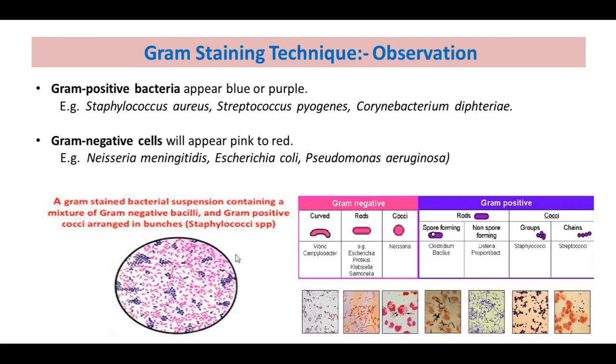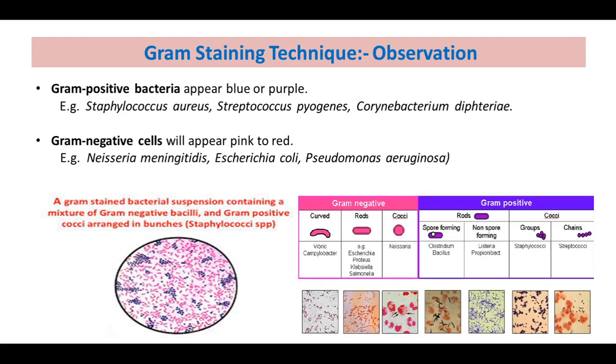Based on the microorganisms present in the specimen, we can see the color of the organism. For example, in a specimen that contains both gram-negative and gram-positive bacteria, we can see that the red colored organisms are rod shaped, which indicates gram-negative bacilli, and the blue colored round shaped ones, called cocci, indicate gram-positive cocci.